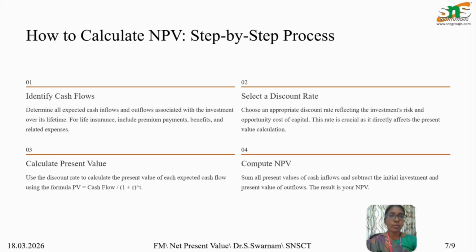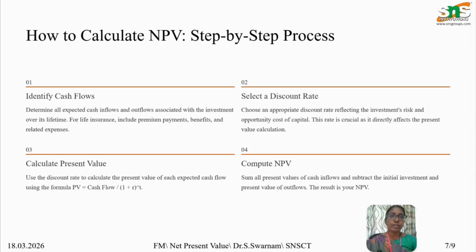When we talk about NPV, we have a calculation procedure. Now we will see the step by step process for calculating the net present value. The first and foremost thing is to identify the cash inflows. As we discussed in payback and accounting rate of return, we should measure the expected cash inflows.